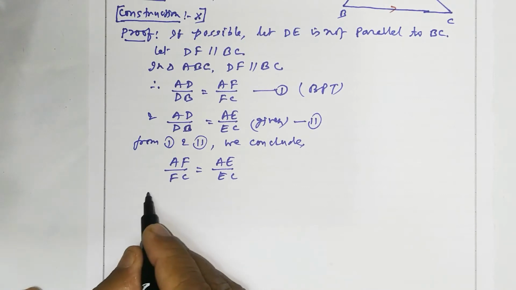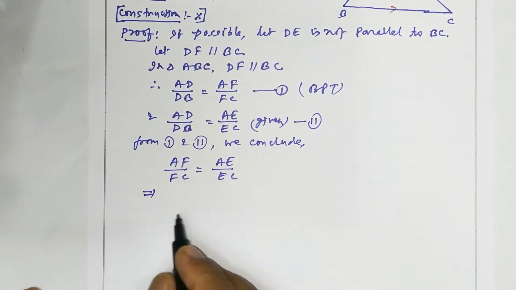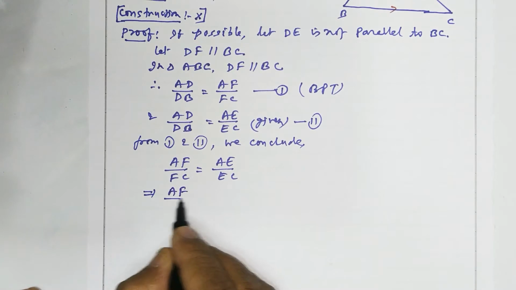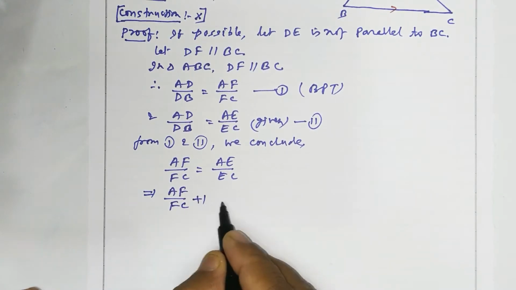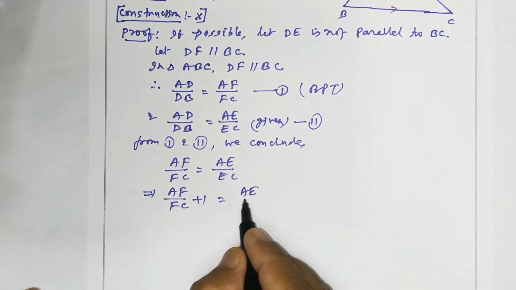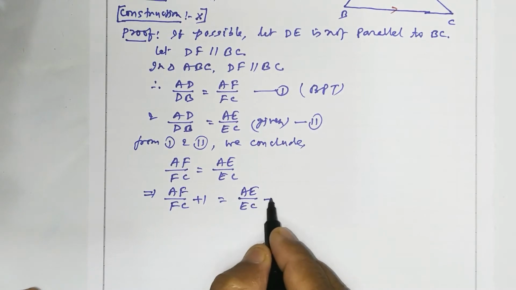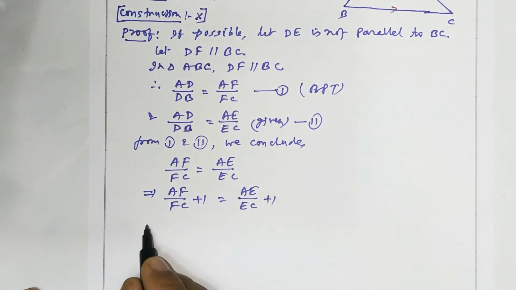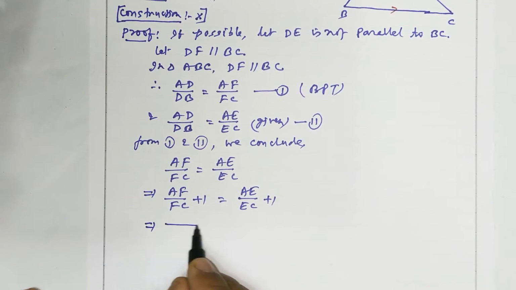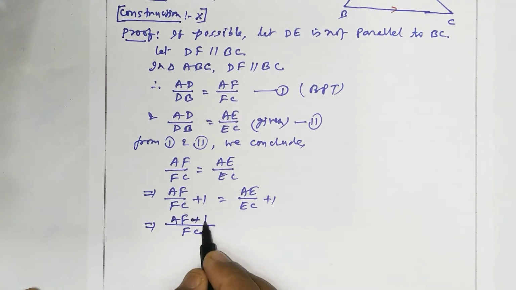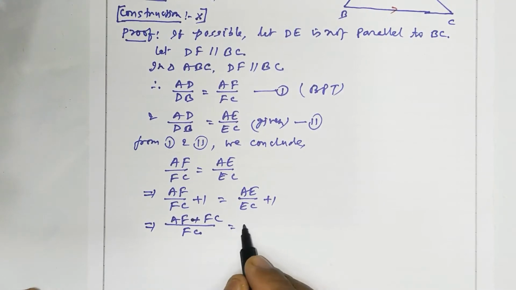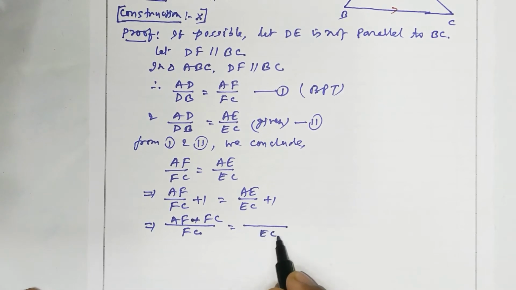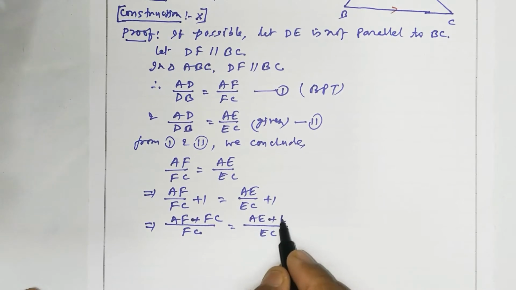Now add 1 to both sides: AF by FC plus 1 is equal to AE by EC plus 1. Taking LCM, FC is the LCM on the left, so AF plus FC; on the right, EC is the LCM, so AE plus EC.